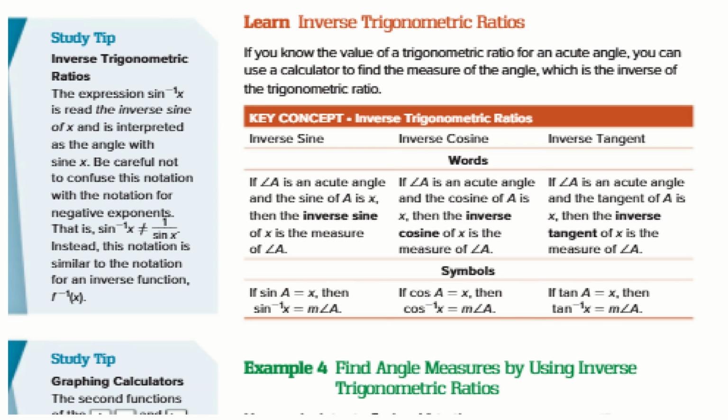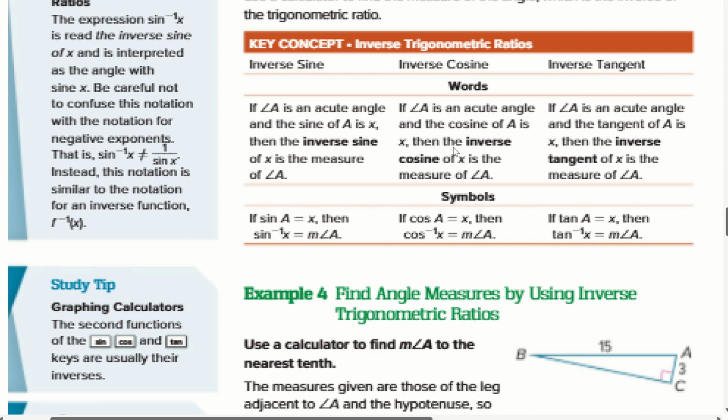All right, so now let's look at inverse trigonometric ratios. All right, so inverse trig functions are basically the opposite of the sine, cosine, and tangent. Okay, so we call it the inverse, right? So it's sort of like the opposite operation. It's what cancels it out.